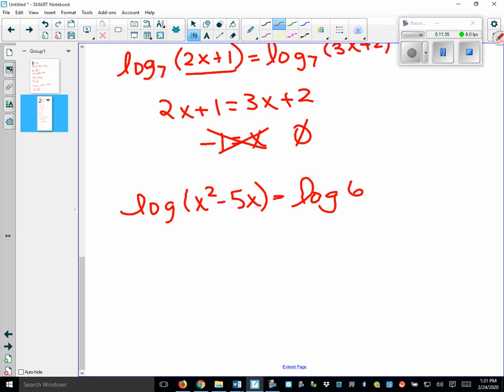Can I cancel the logs? So what does x squared minus 5x equal? 6. So I get it equal to 0.